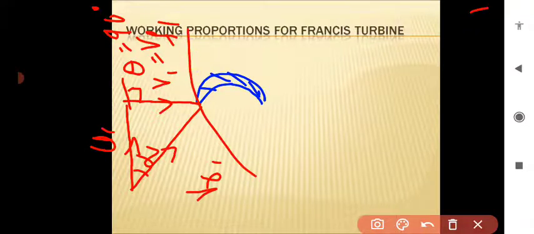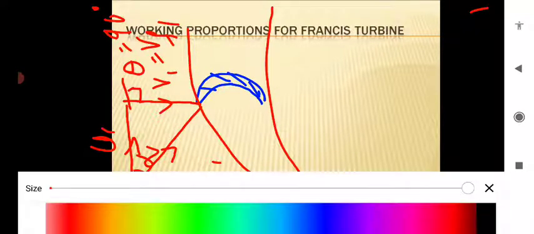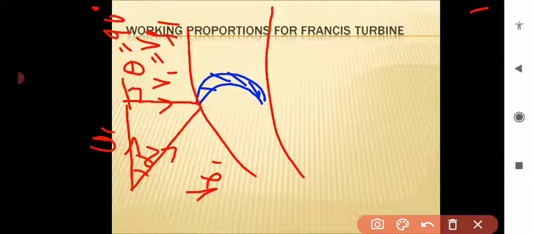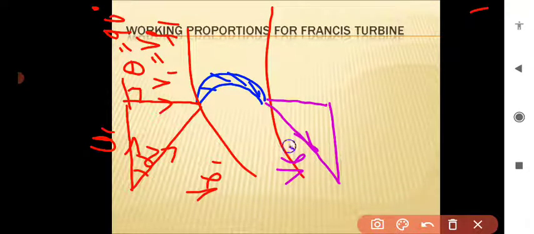So the flow is like this. Now we will draw the outlet velocity triangle. This is perpendicular to it, this is the flow velocity Vf2, and this is the relative velocity Vr2.